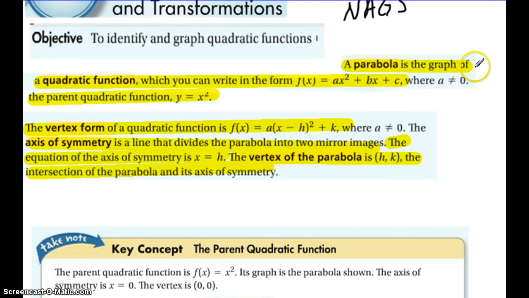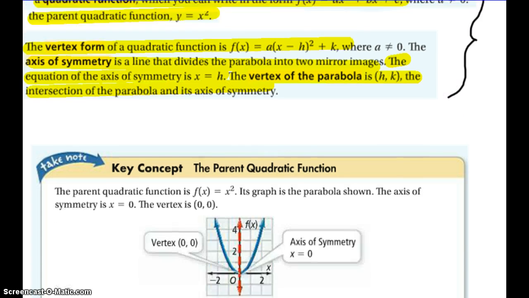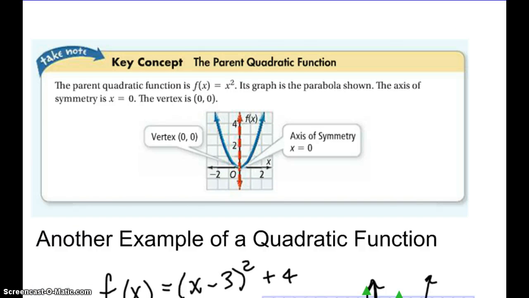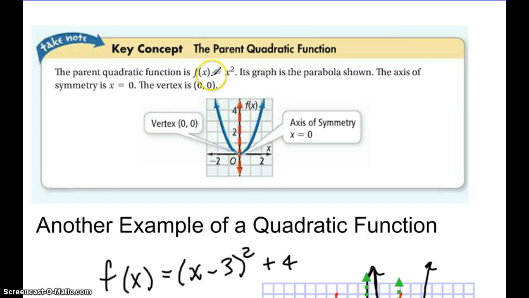These are some nice little definitions that you would probably want to copy down in your Cornell notes. A key concept for this section is basically what does a quadratic function look like, how is it transformed, and what are the parts of a quadratic function. If you look at this key example, it talks about the parent function being x squared, and its graph is shown here below.